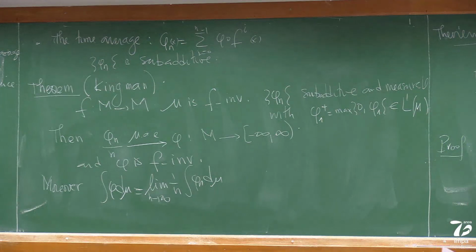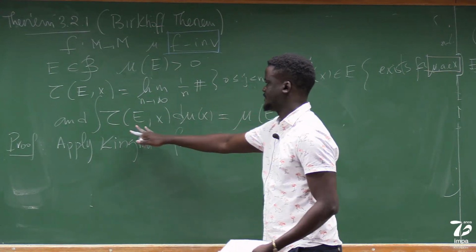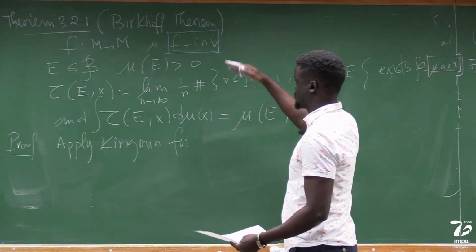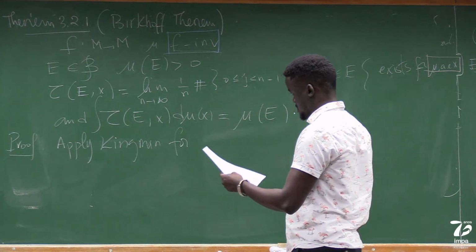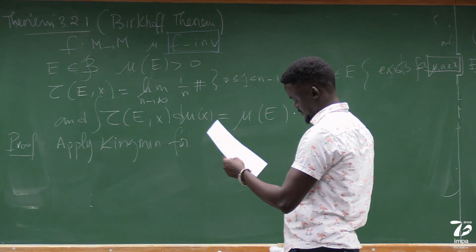This is the Birkhoff theorem, and some people, when you add ergodic here and this function is constant, call that one also the Birkhoff ergodic theorem. So at this stage we just have the Birkhoff theorem.